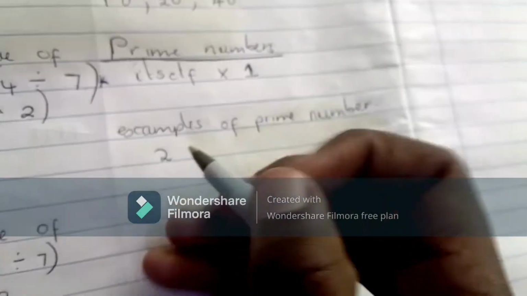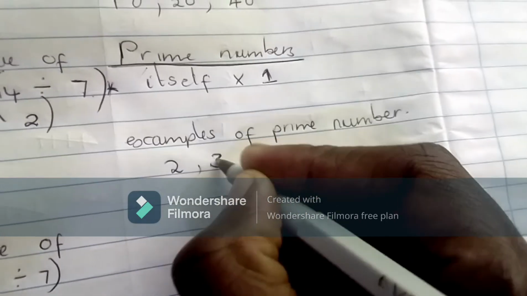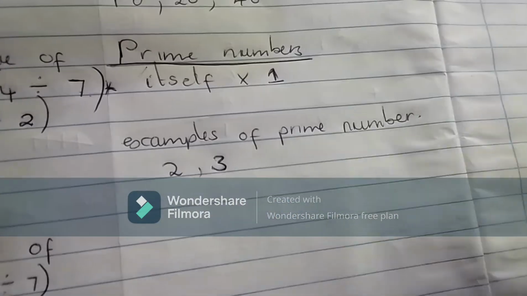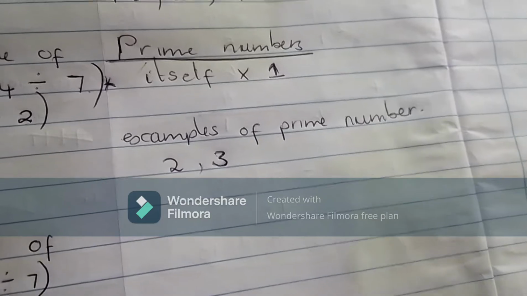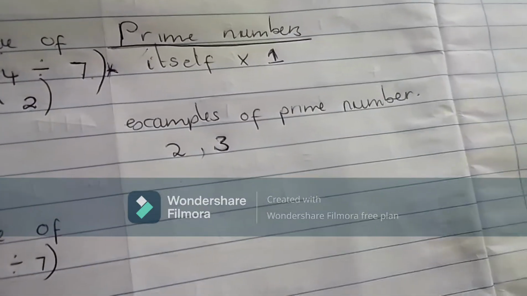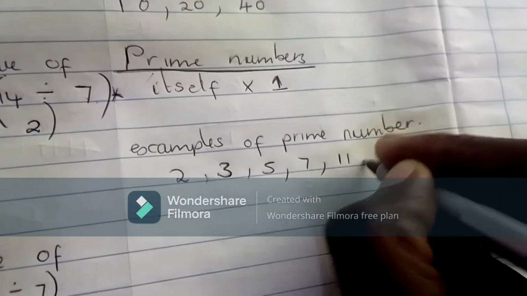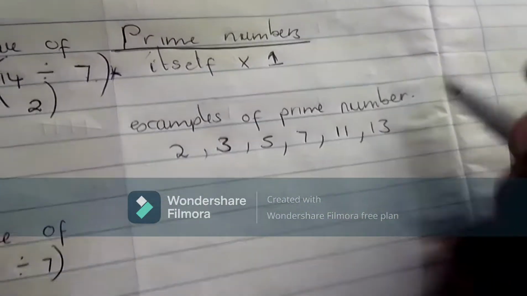Okay, guys. So the other prime numbers we have is 3. Come to think of it, 3. There is no other number that multiplies itself to 3 except for 1 and 3 itself. 5, 7, 11, 13. There are so many.